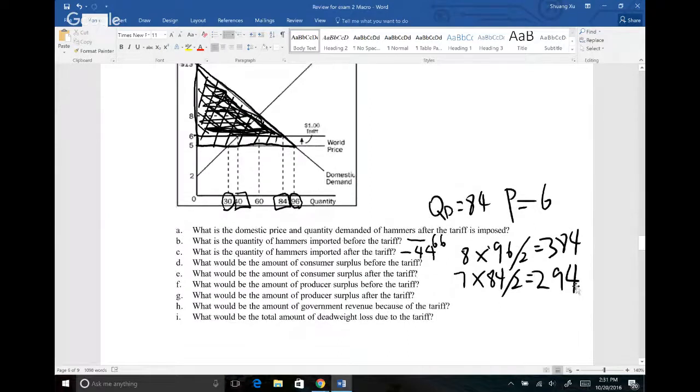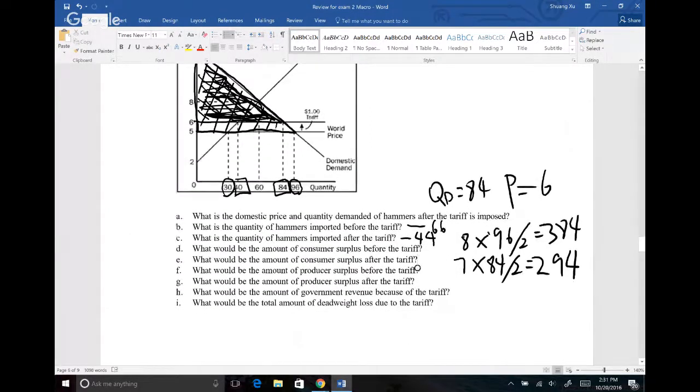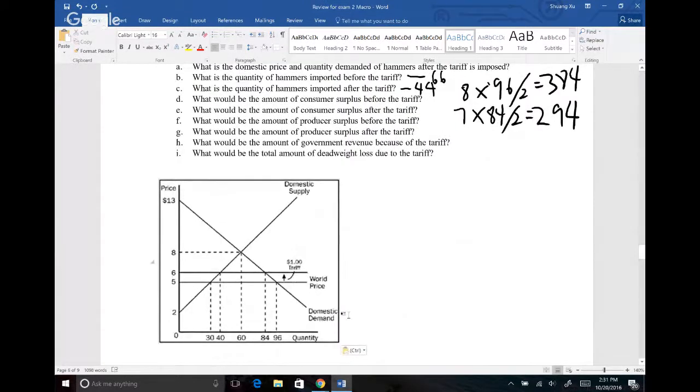And then next part, for producers, same deal. So for producers, this was the producer surplus, so this small triangle. So let me use a new graph. All right, so before the tariff, this triangle is our producer surplus. So producer surplus is from 2 to 5.